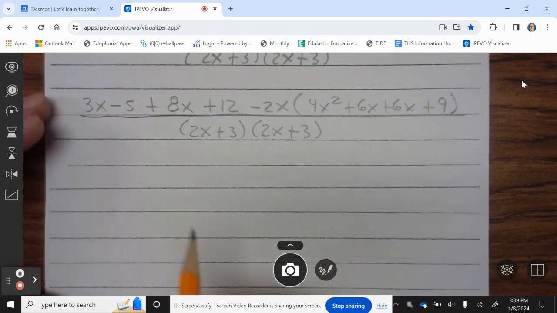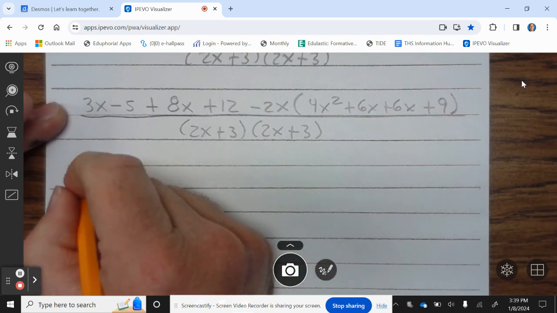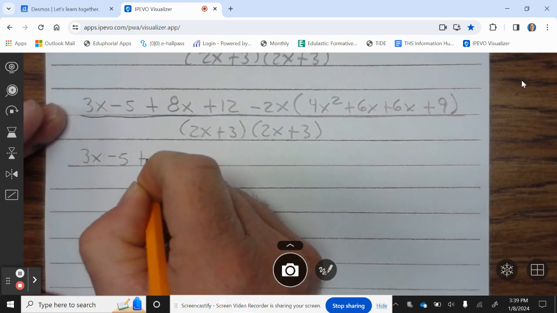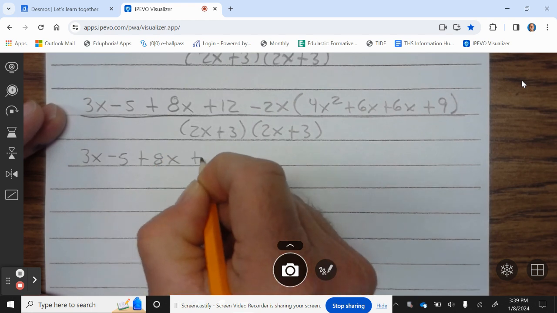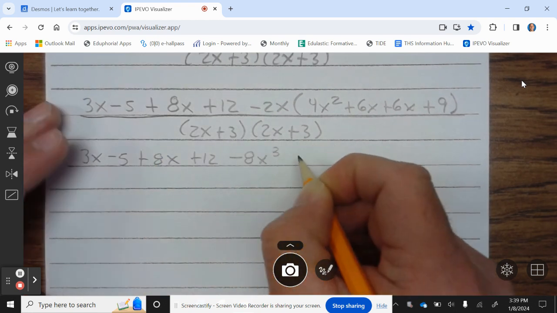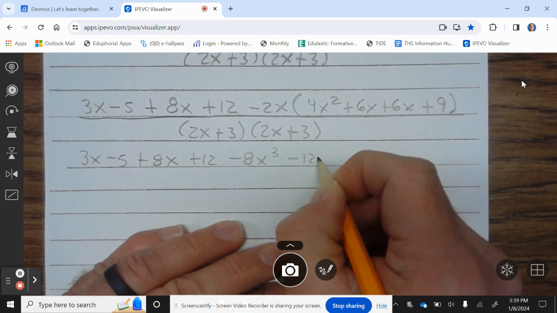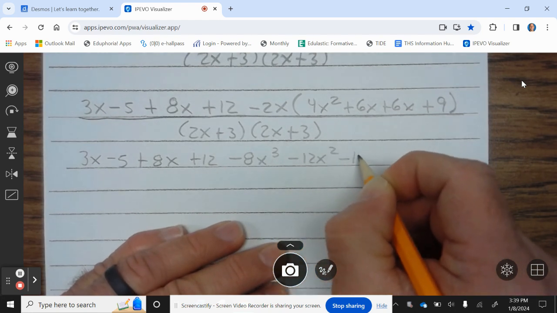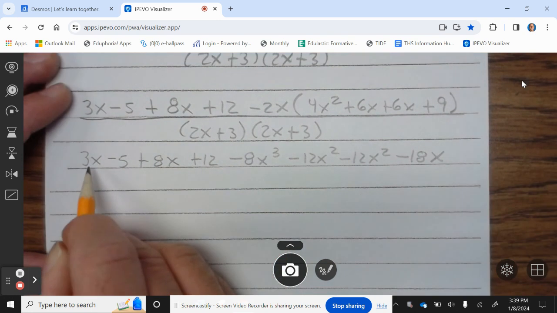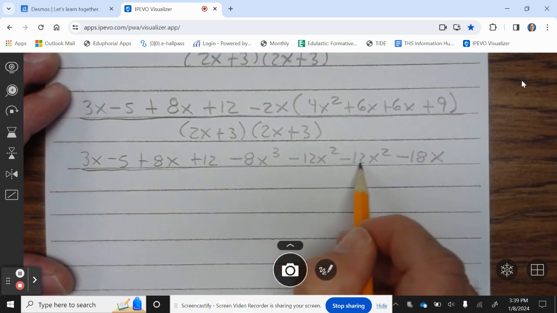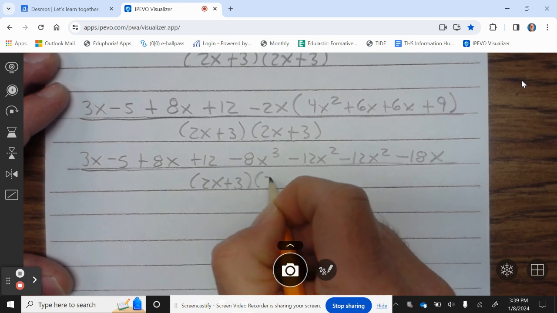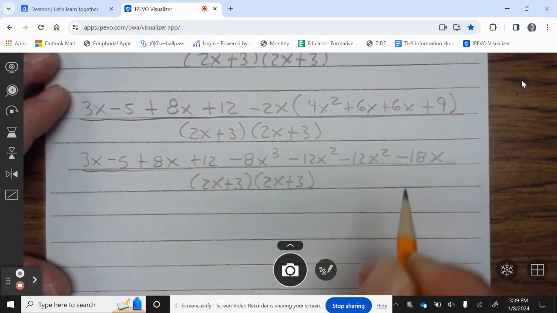All right, so then that becomes 3x minus 5 plus 8x plus 12 minus 8x cubed minus 12x squared minus 12x squared minus 18x, divided by 2x plus 3, 2x plus 3.